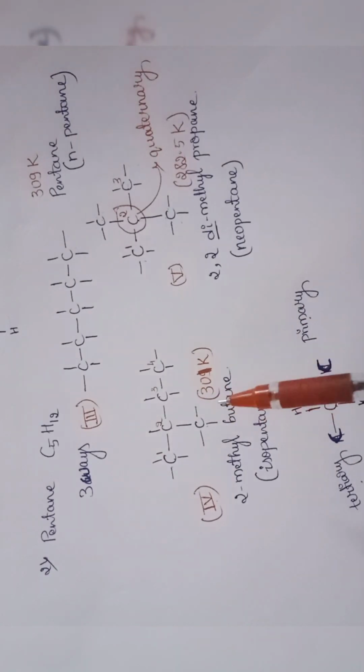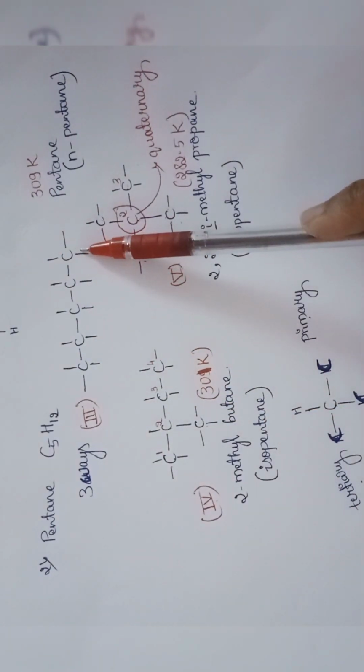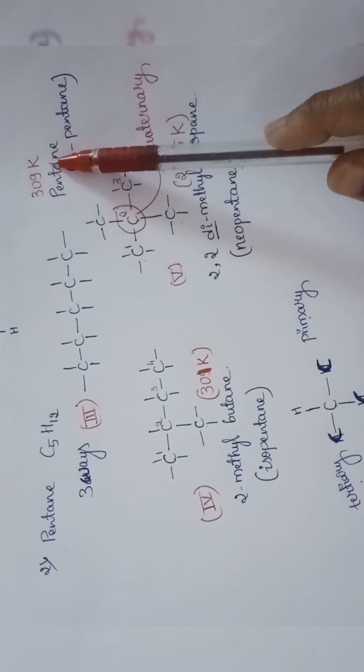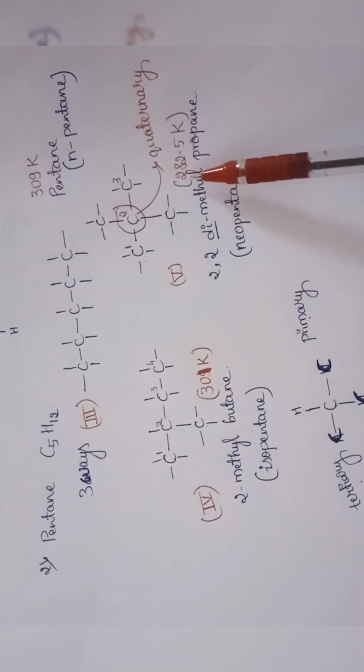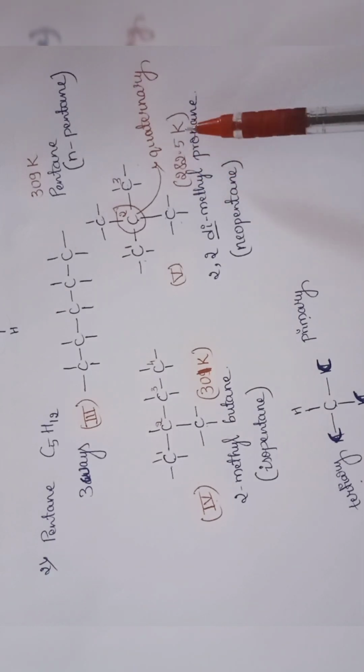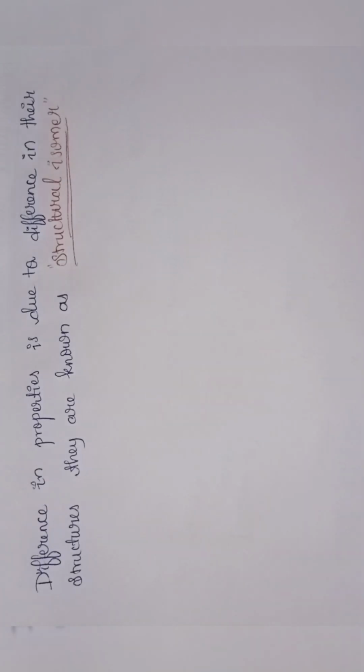Likewise, pentane in continuous chain structure is 309 Kelvin, isopentane is 301 Kelvin, and neopentane is 282.5 Kelvin. As the structure changes, the property also changes. These are called structural isomers.